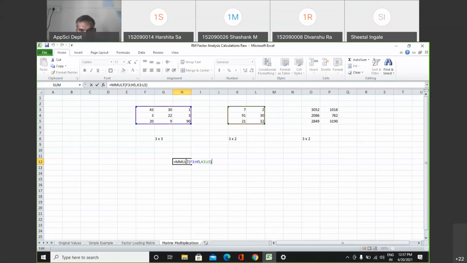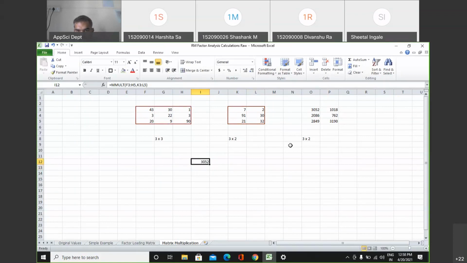What we do is we press F2, and then select the required dimension.